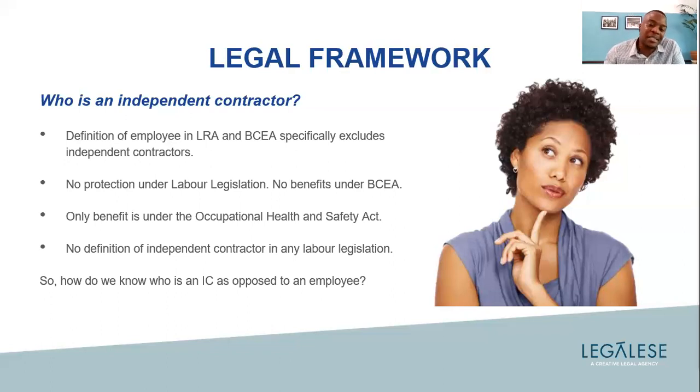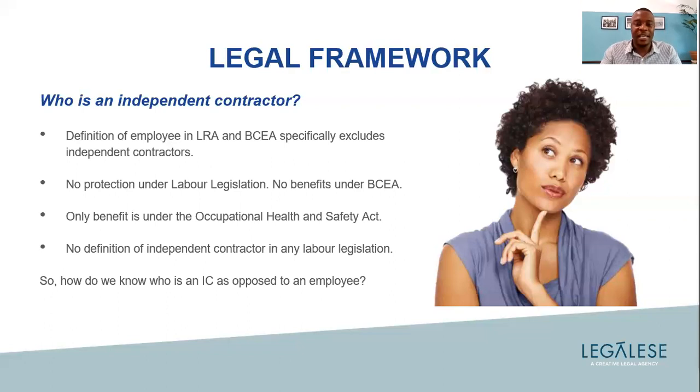Well, unfortunately, if you look at cases that have come before the labor court, there's quite a lot of cases where there is no certainty as to whether a person who has been working for a particular company is actually an employee or an independent contractor.